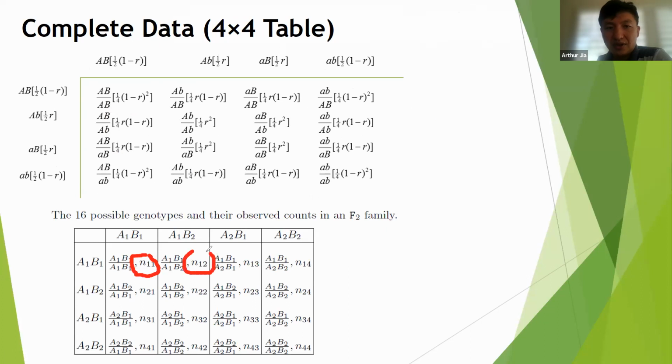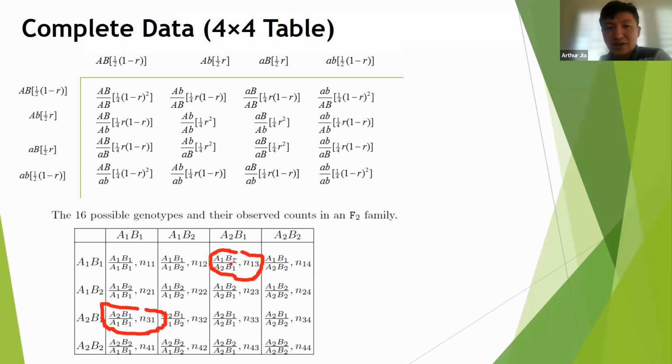But in reality, sometimes this is not possible. If you look here, in this category, let's say the 1, 3 and the 3, 1, the genotypes of 1, 3 and 3, 1 are identical. So you do not know which gametes come from which parent.